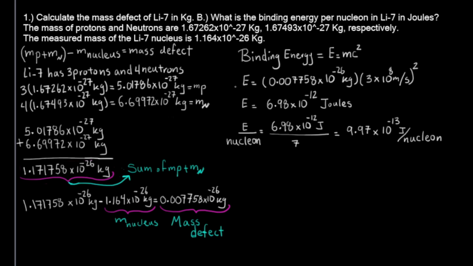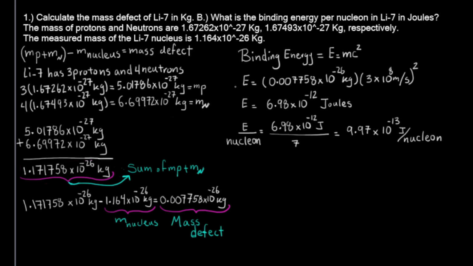Once we add the total mass of free neutrons to the total mass of free protons, we get a value of 1.1758 times 10 to the minus 26 kilogram. Then we need to plug this number into the mass defect equation. So we need to subtract the actual mass of the nucleus from the mass of the sum of the free protons and neutrons.